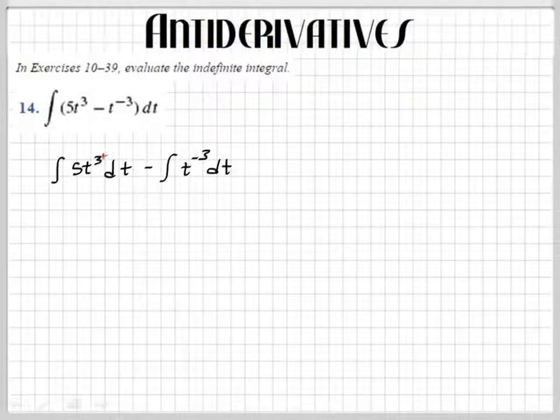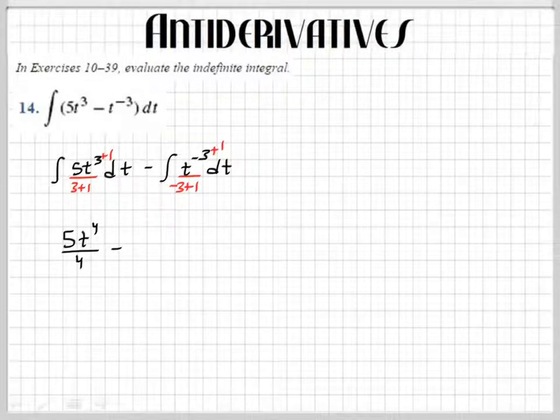So I'm going to add 1 and then divide it by whatever I get. And I'm going to do the same thing right here, so negative 3 plus 1. All right, so I get 5 t to the 4th divided by 4 minus t to the negative 2 divided by negative 2. And we have our plus c.